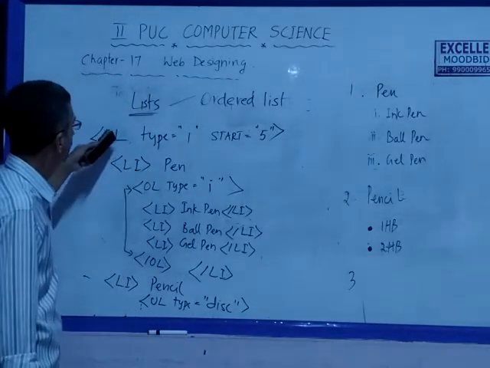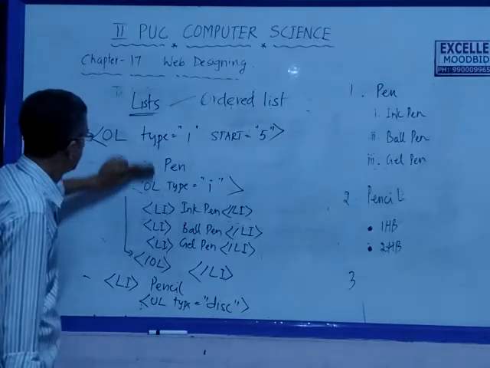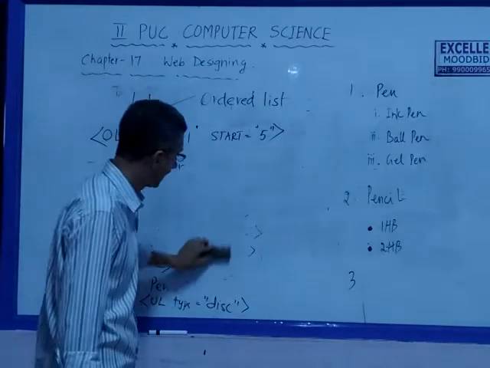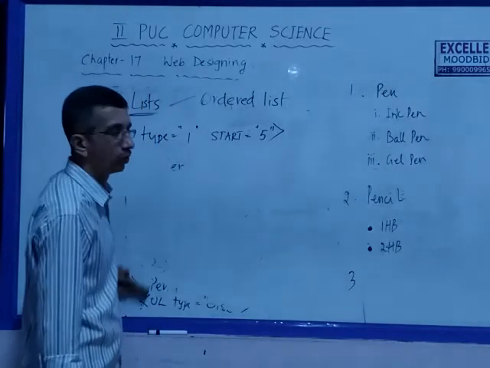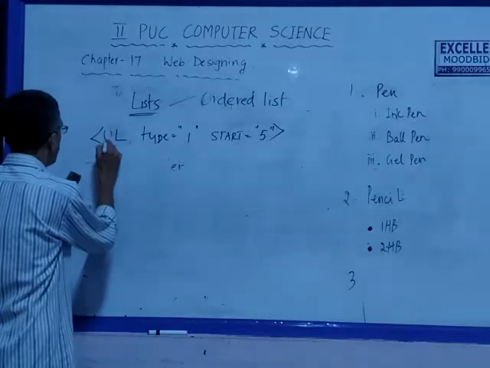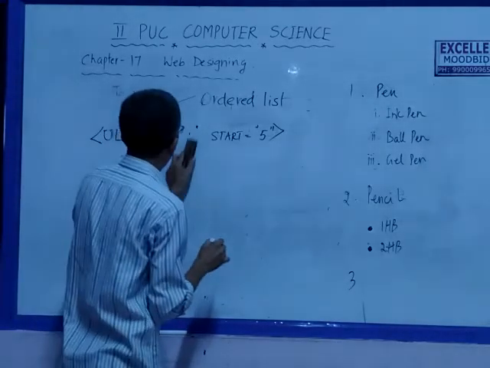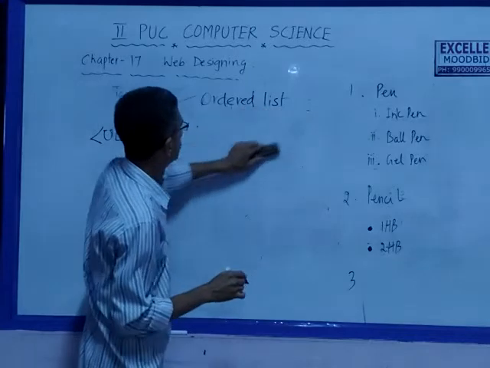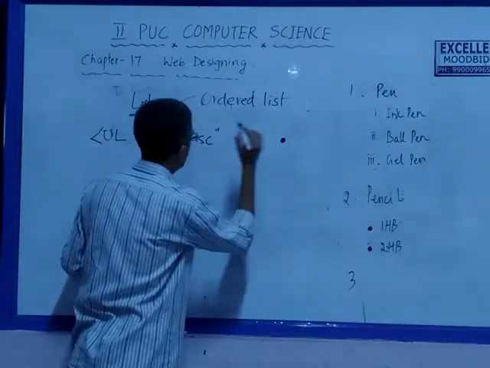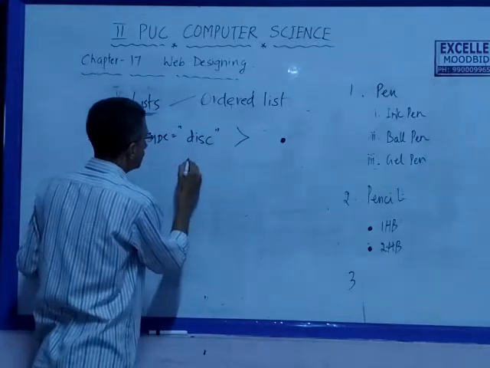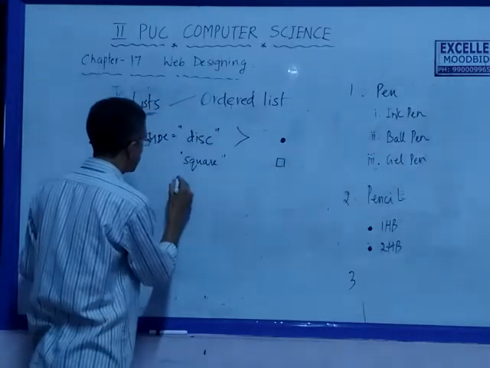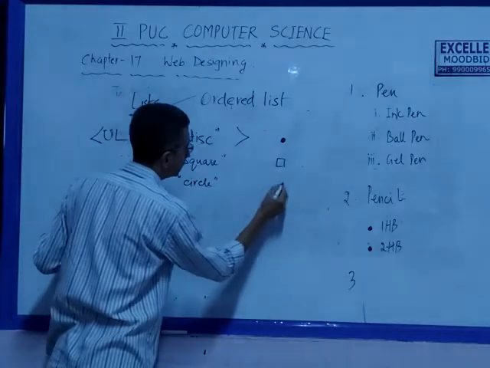Now the same way as we create an ordered list, we can also create unordered lists. Unordered list, the same structure, but the tag used is UL instead of OL. So here it is unordered UL, but the type here is either disk by default, the solid circle, or it can be square, or circle, this type of mark.